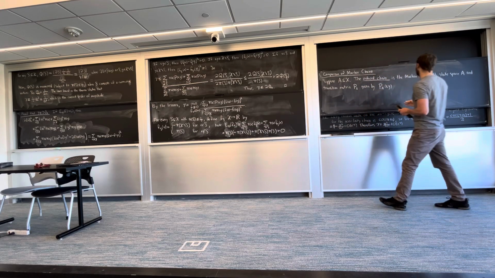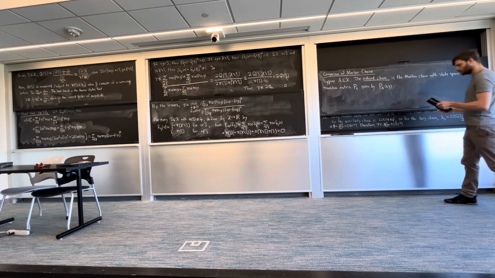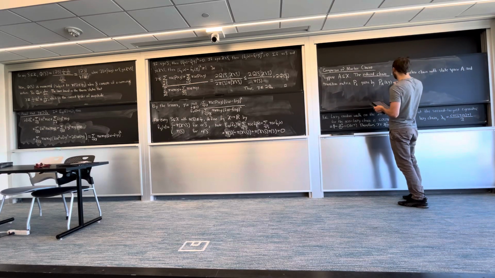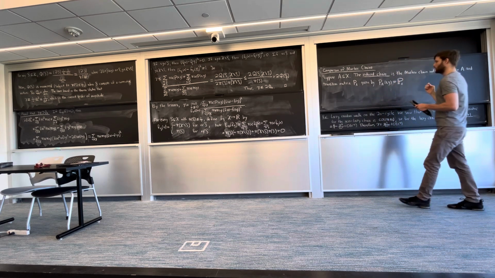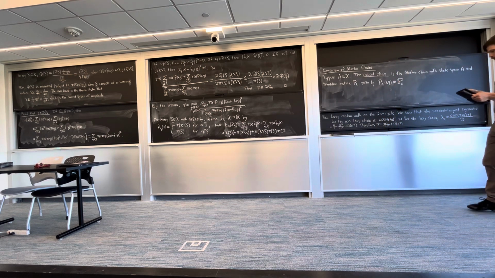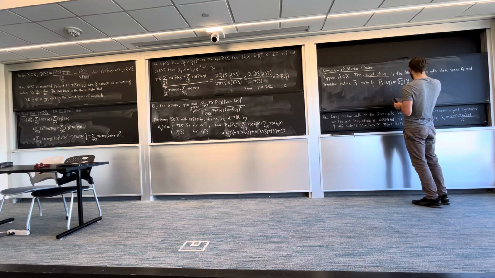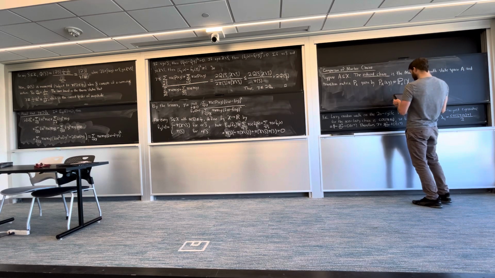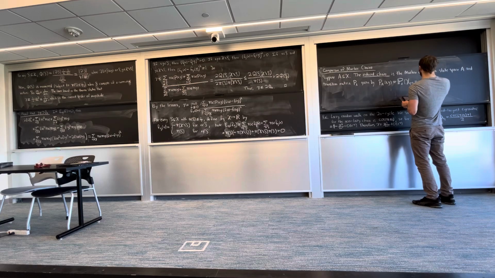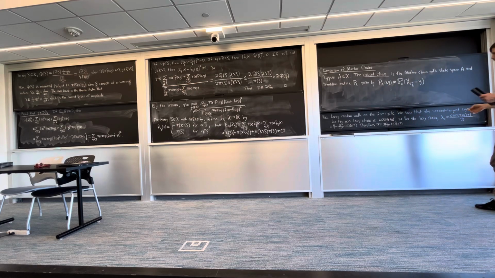So here x and y are two states in the space A, and this is the probability, if I start the original Markov chain at x, that what I'll call X sub tau A plus, and I'll explain this, equals y. So I think maybe we define this at some point.